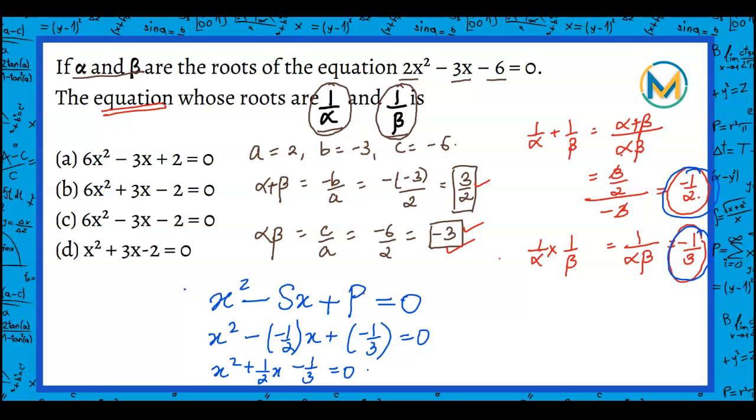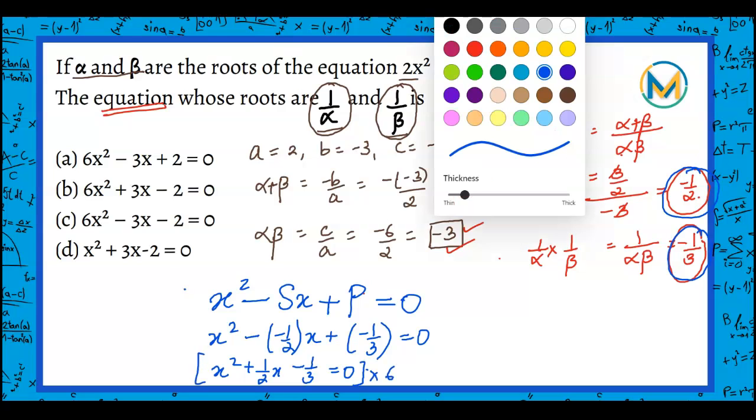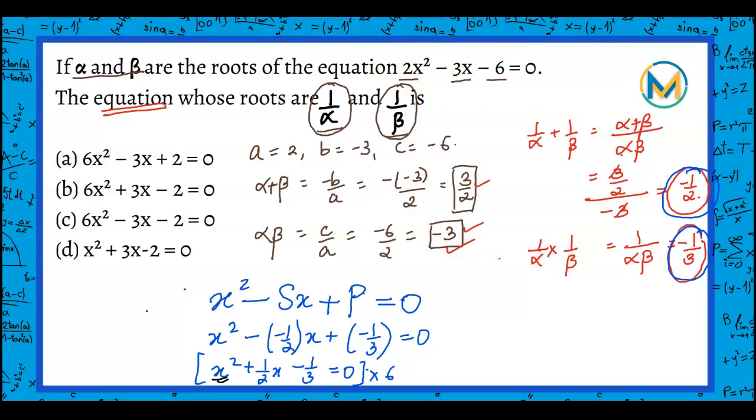So what we do is we'll multiply the entire thing by 6. So when I multiply it by 6, this becomes 6x square. Now you have 2 in the denominator, 6 divided by 2 becomes plus 3x. You have 3 in the denominator here, 6 divided by 3 becomes minus 2 and then equal to 0.